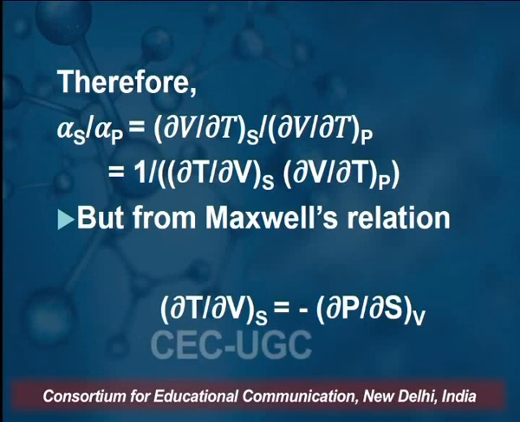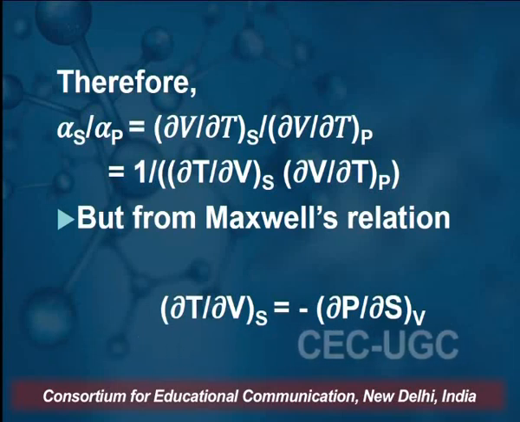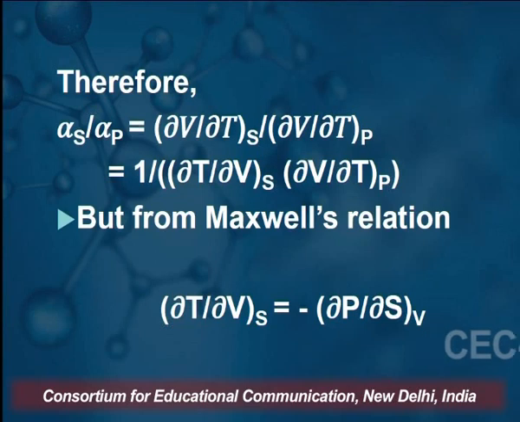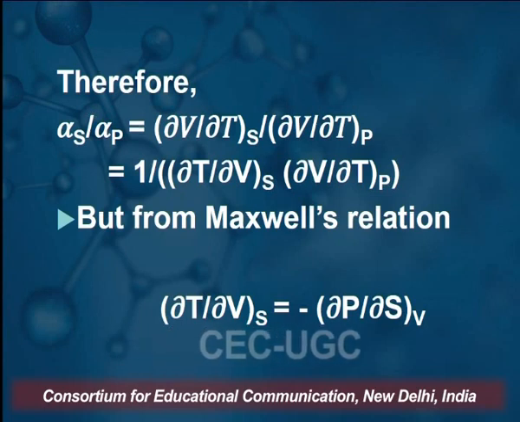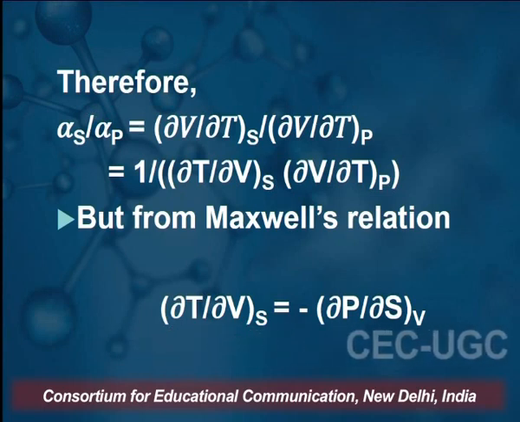Therefore, the ratio alpha S by alpha P can be written as ∂V/∂T at constant S by ∂V/∂T at constant pressure.